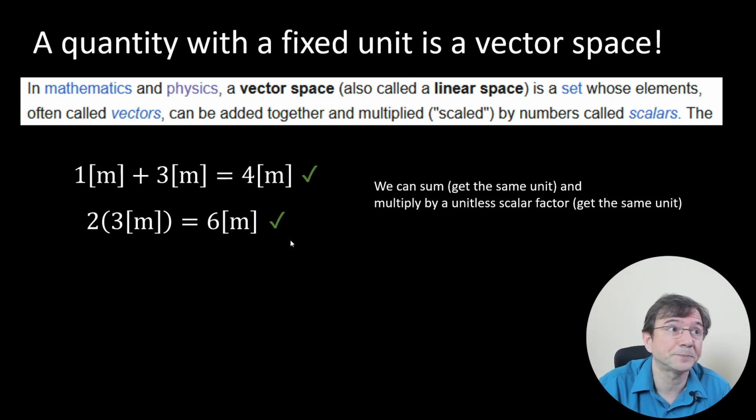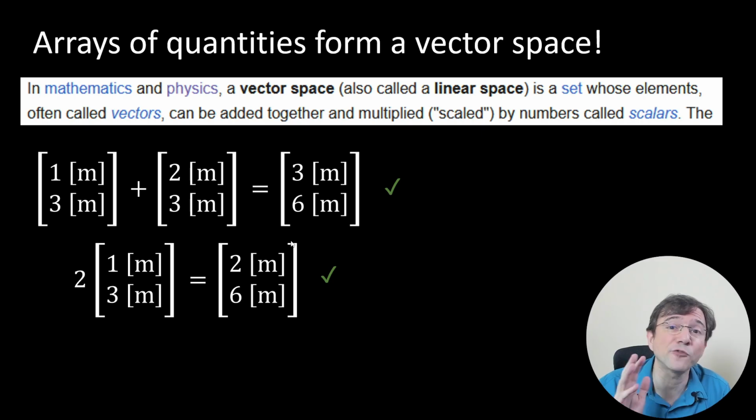It works well. Now, arrays of quantities also form a vector space. So we have 1 meter and 3 meters together, 2 meters and 3 meters together. We sum them line by line, so we have 3 meters and 6 meters. So we can add arrays of quantities. We can also multiply them by a single scalar, which just multiplies both elements by the same number. So good.